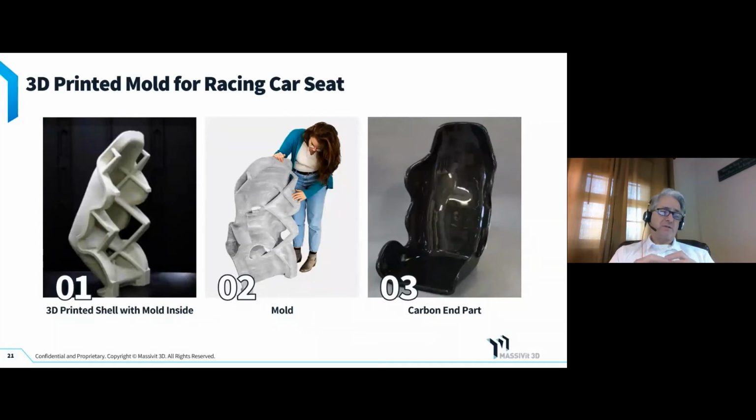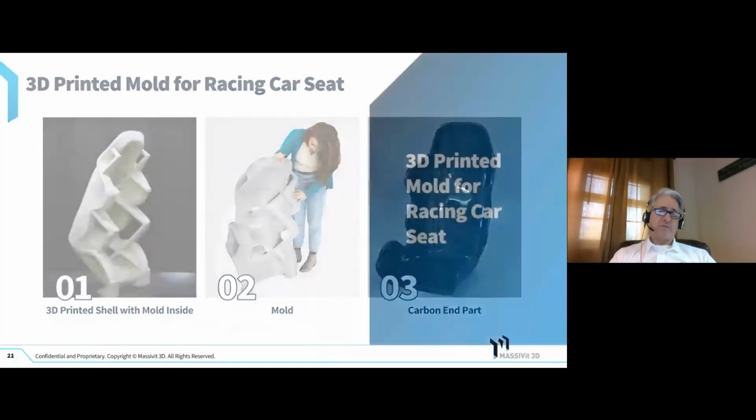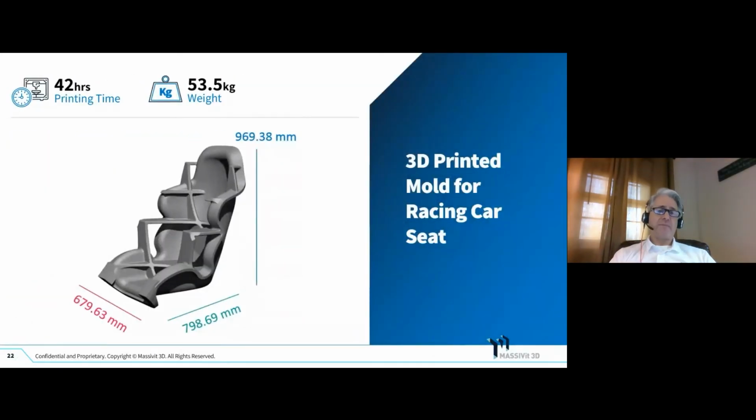The center photo is showing you the mold. Unfortunately, you're not seeing the mold surface on the back side, but you're seeing the mold with the shell material removed. And on the right, you're seeing an actual part made from that. So this actual part that we made in our lab took 42 hours to print.